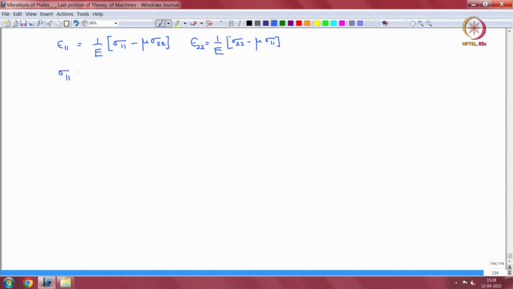And sigma 1 1 is E over 1 minus mu squared, epsilon 1 1 plus mu epsilon 2 2. Sigma 2 2 is equal to E over 1 minus mu square, epsilon 2 2 plus mu epsilon 1 1.